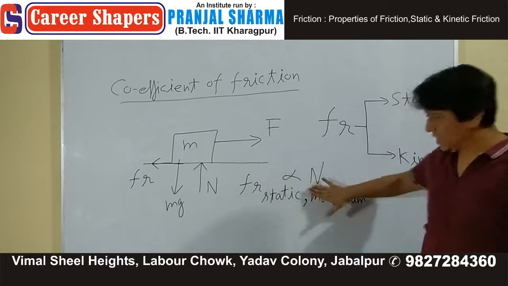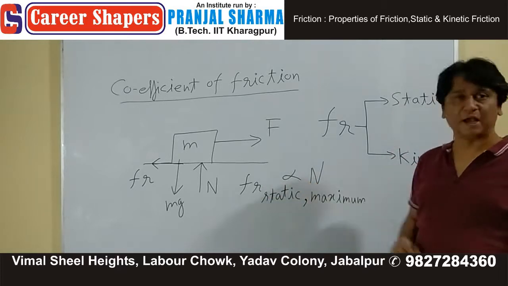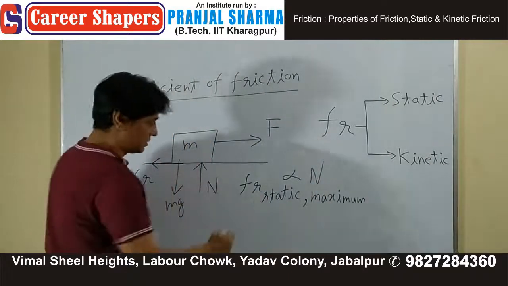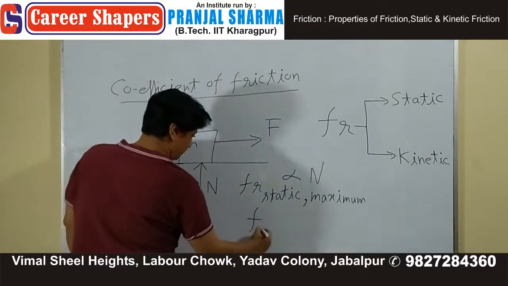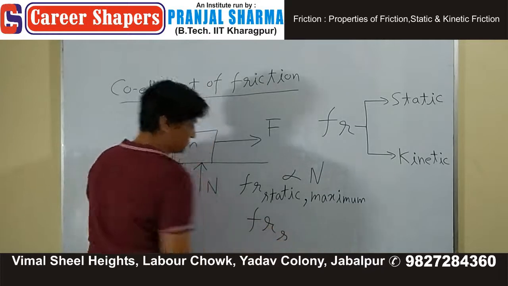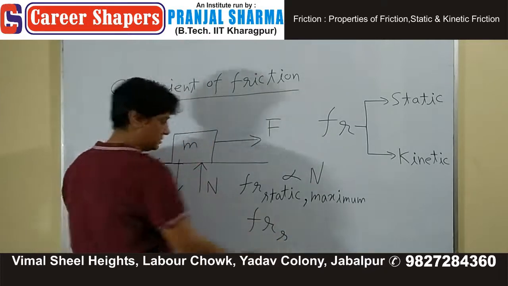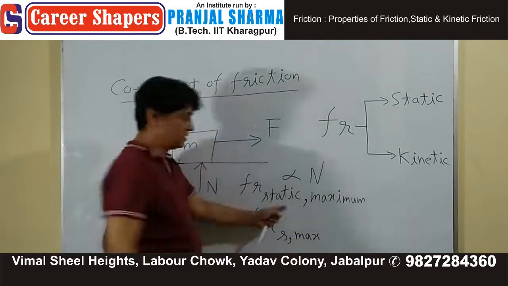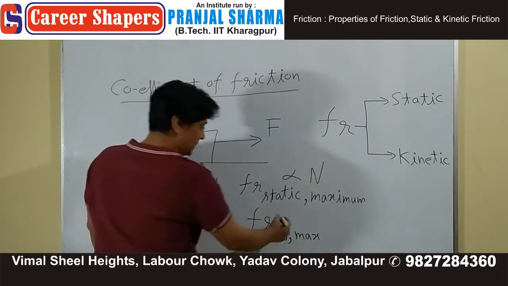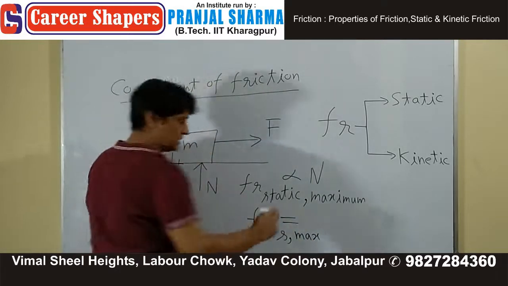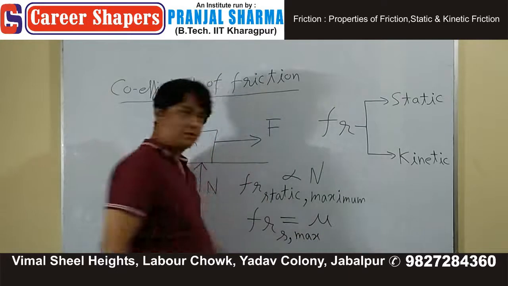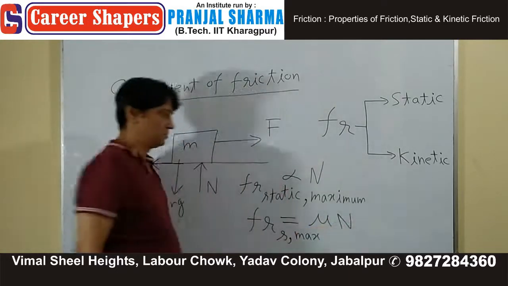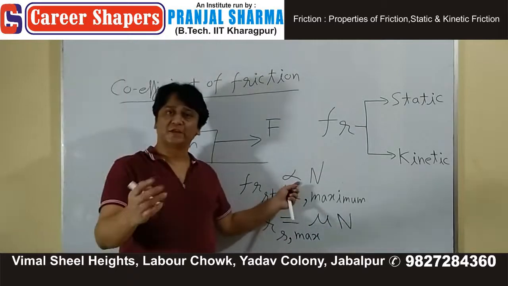But in the earlier parts you know that whenever a proportionality sign comes and we remove it, then we use a constant. So this same thing, F_R static max, is equal to some constant which is called mu times N. When you remove the proportionality sign, you use a constant.